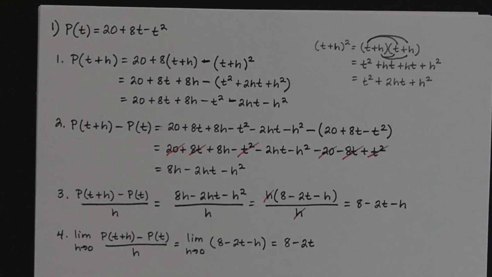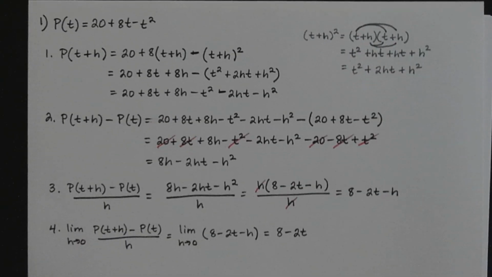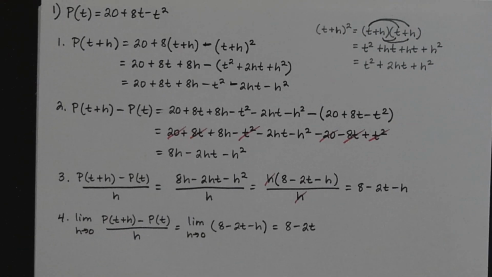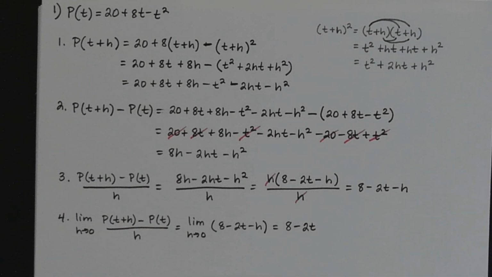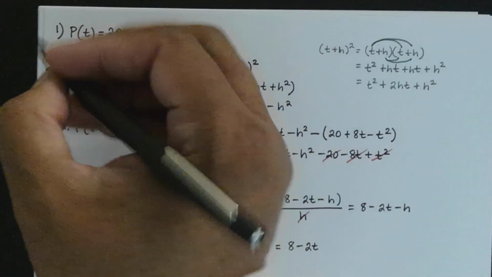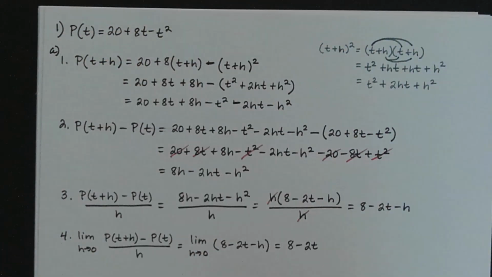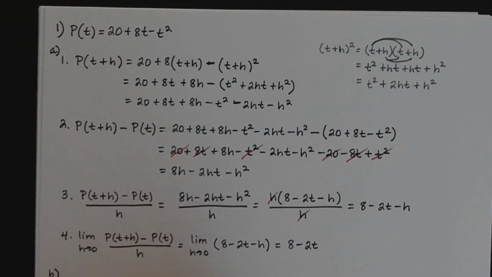Okay. And that's that 4-step procedure for finding, of course, a derivative, which we talked about back in section 2.4. And you only have one of these, okay? Because everything after that would just be using those easy methods of finding derivatives. All right, so this represents part A. Now part B asks for P of 3 and P prime of 3.